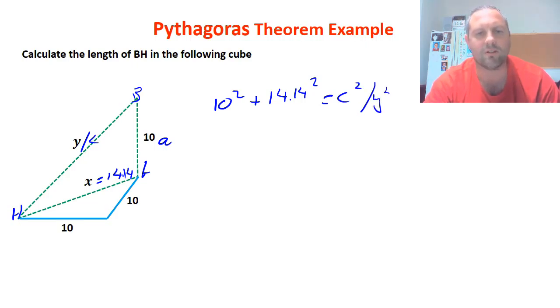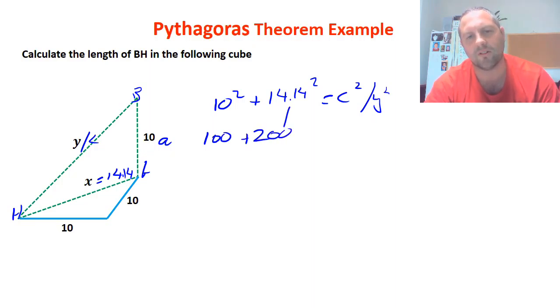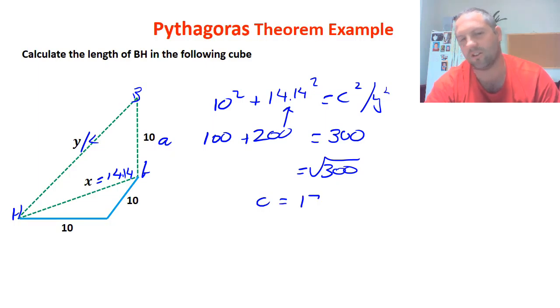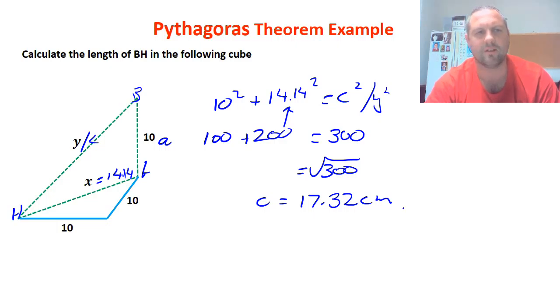So what we're going to do is expand it: 100 plus our 200. Now this is the squared of that from the previous page. So obviously 100 plus 200 is 300. So we're going to find the square root of 300. Now when you do that, you're going to have your C equals 17.32, and that's going to give you your answer. Now that's finished.